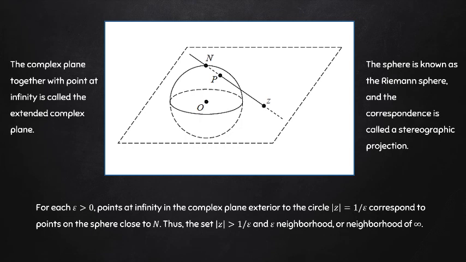To visualize the point at infinity, one can think of the complex plane as passing through the equator of a unit sphere centered at the origin.